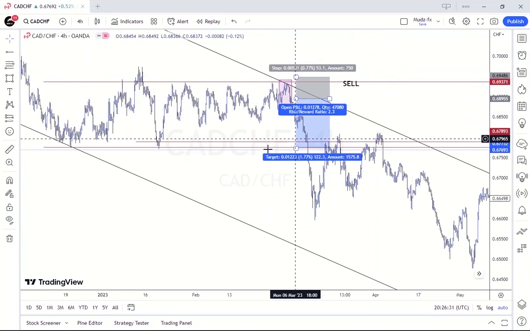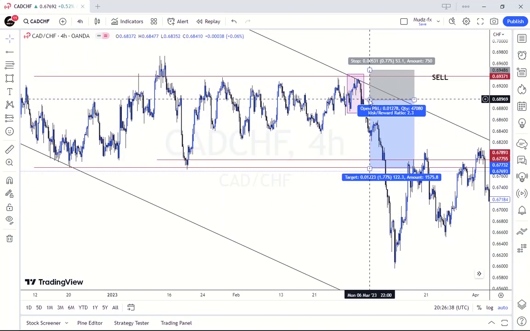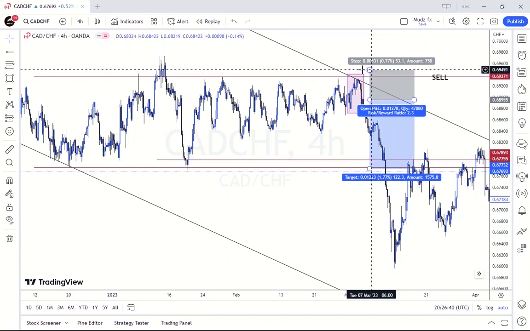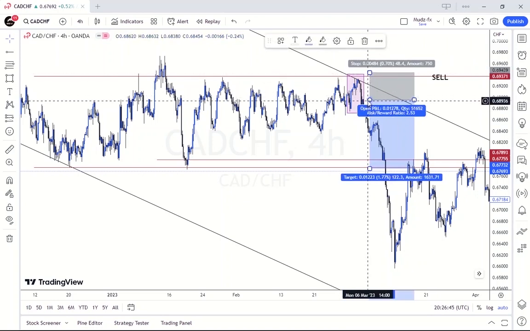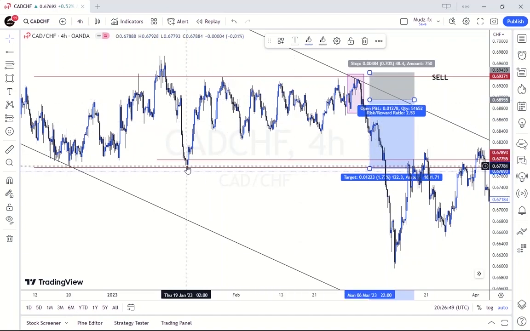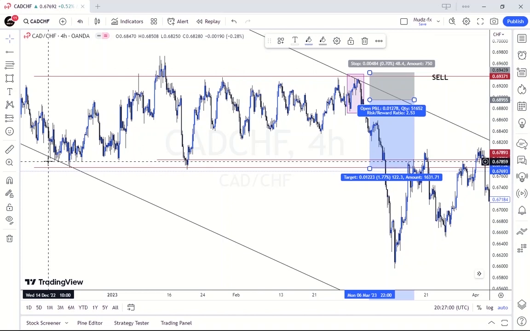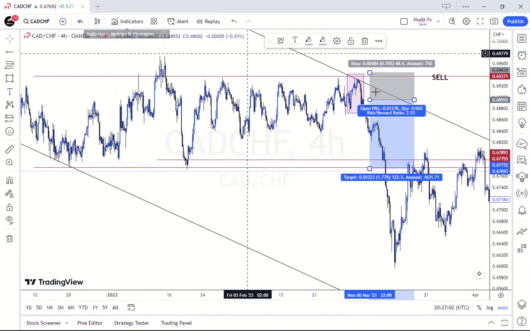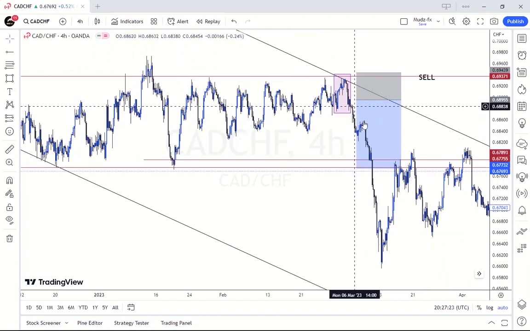As you can see, if we zoom in on a 4-hour time frame, this is where our entry was, and this is where our stop loss was. So you can see that from here it went all the way to our previous support level, where it made a lower low on daily, right? So this is profit. It makes a difference.